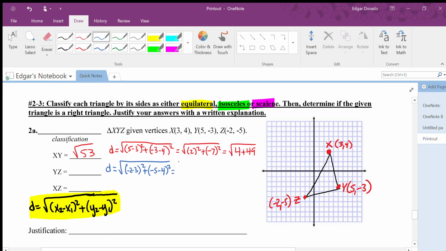All right, let's see what we get. -2 minus 3 is just -5 squared, plus -5 minus 4 is -9 squared. And then finally, we get 25 plus 81. If you add all that up, you should end up with 106, I believe.